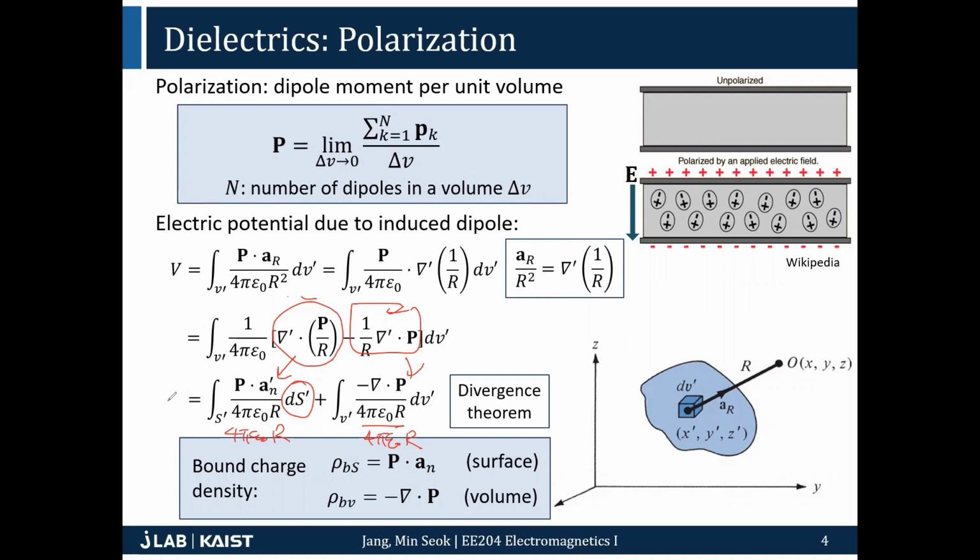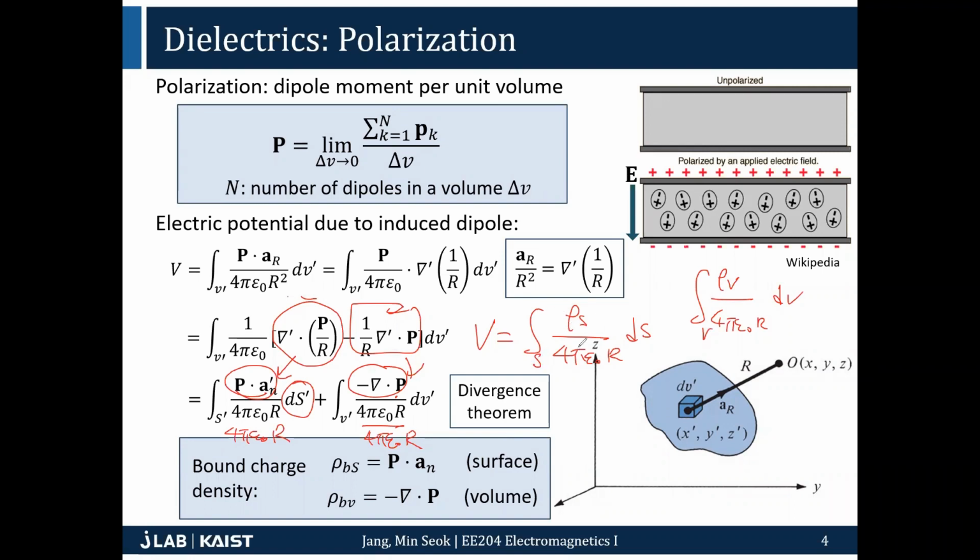This is how the electric potential looks for a surface charge and a volume charge, right? You probably remember this. V is equal to the integral of rho_S over 4 pi epsilon naught R dS, and also rho_V over 4 pi epsilon naught R dV, volume integration, surface integration.